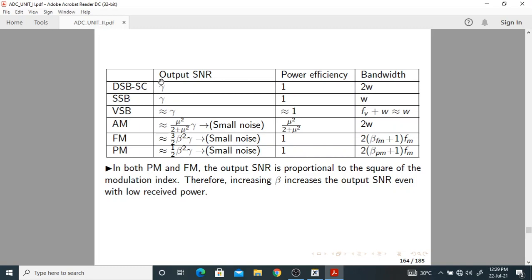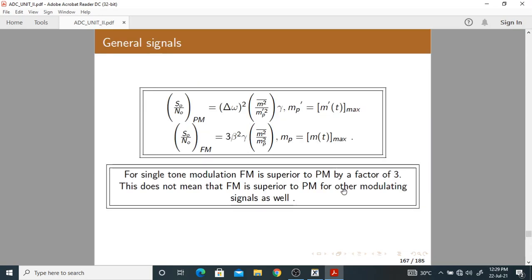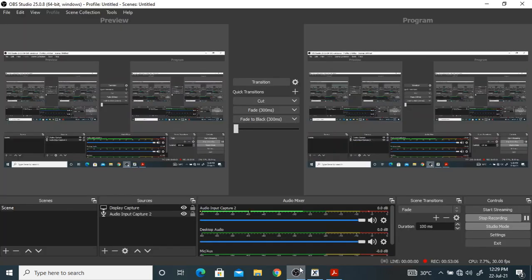So we always represent SNR in terms of gamma. And this is the power efficiency. This is the third column. The last column represents bandwidth. So with this we complete the noise analysis of angle modulated signals also. So thank you. We stop here.